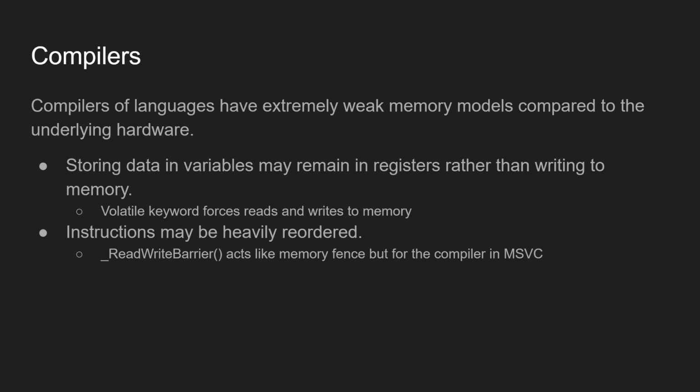What this says is that all read and write operations that happen in code before the fence have to actually stay before the fence, and all read and write operations in code after the fence have to stay after the fence, and the optimizer is not allowed to cross the fence, basically.